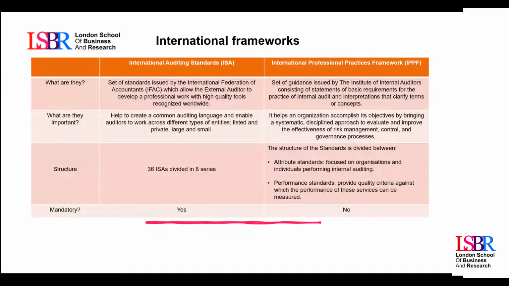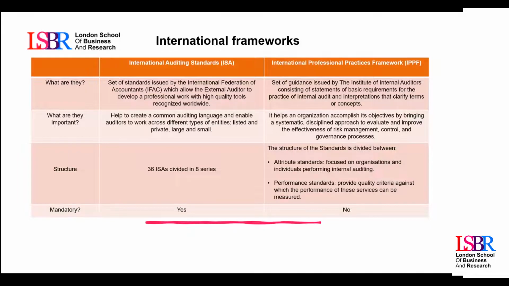And in the case of the International Professional Practice Framework, it's important because it's a guide to tell the internal auditors what steps they could follow to improve the value in the organization in terms of internal control. The structure is also different because in the International Audit Standards, we have 36 rules.